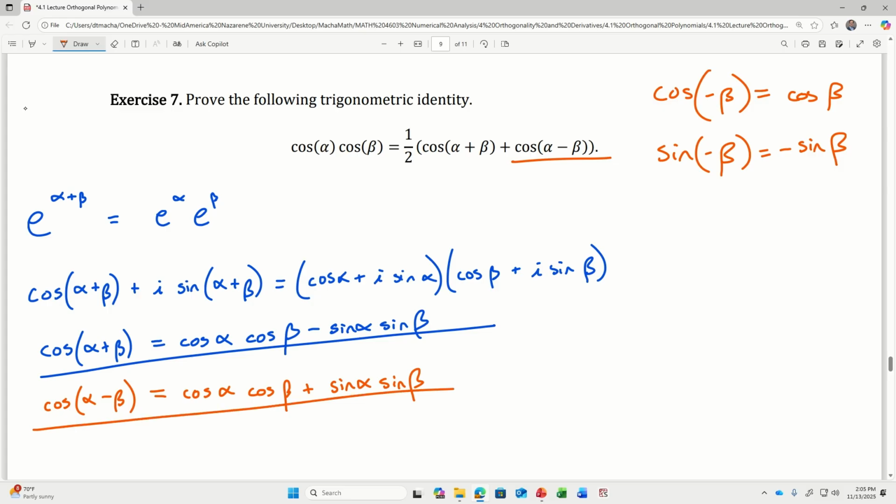And voila. So what's happening on the right side here? I'm taking cosine of alpha plus beta plus cosine of alpha minus beta. I'm adding those together. What would it look like if I add these together? Well, this is the same, so that will be doubled. But these cancel out.